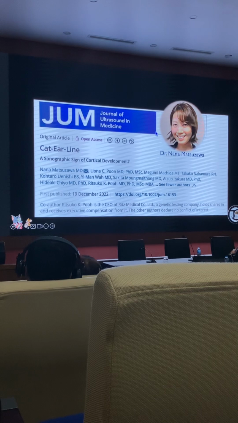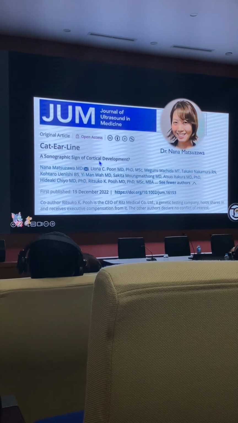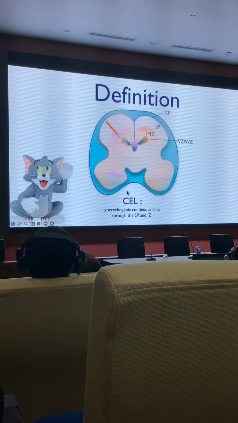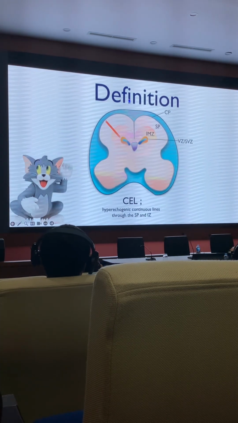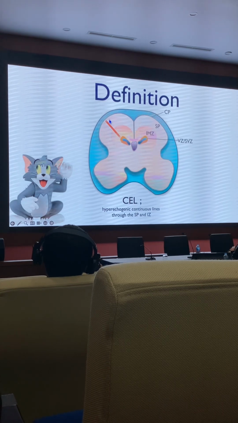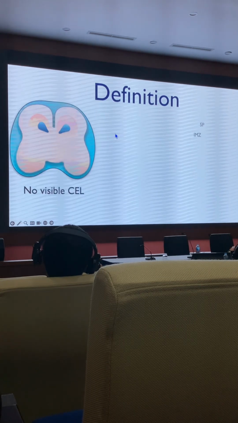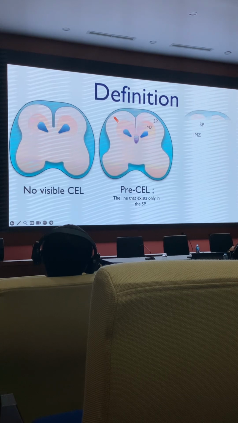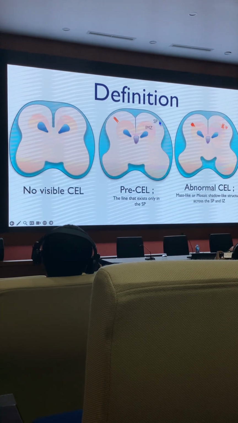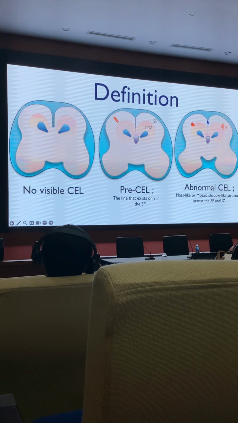Dr. Nana Masazawa, one of my students, and I published an article, and the first definition is that the CAL is like this. This is a CAL, Cartier line, and here this is the pre-CAL, only in the subplate, okay? And this is the abnormal CAL.